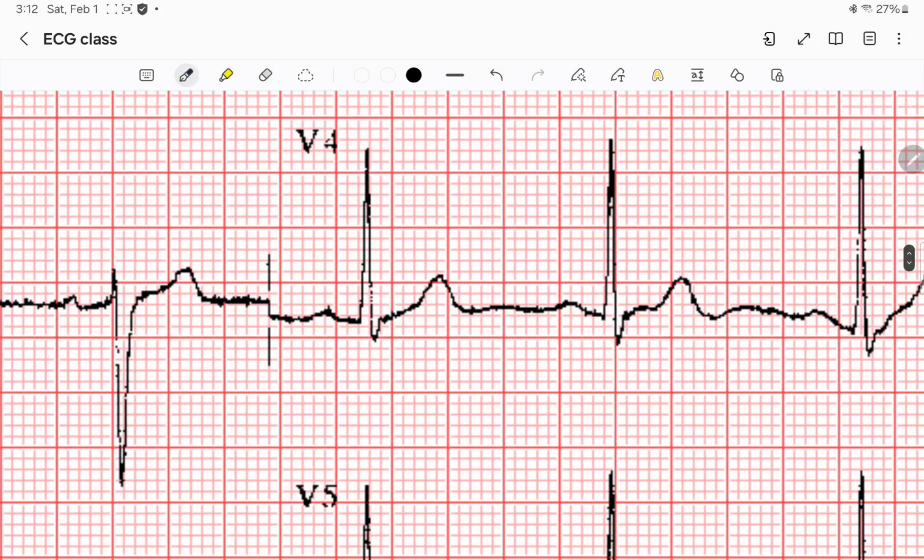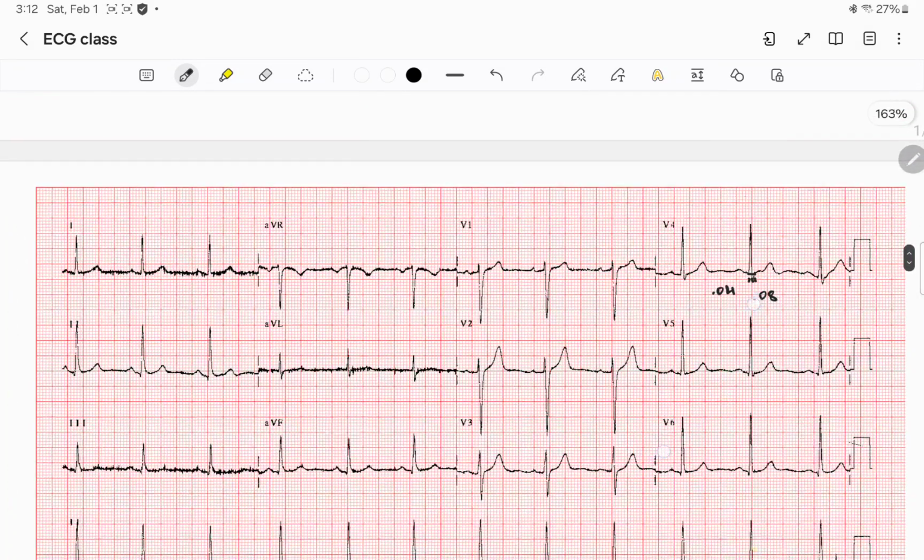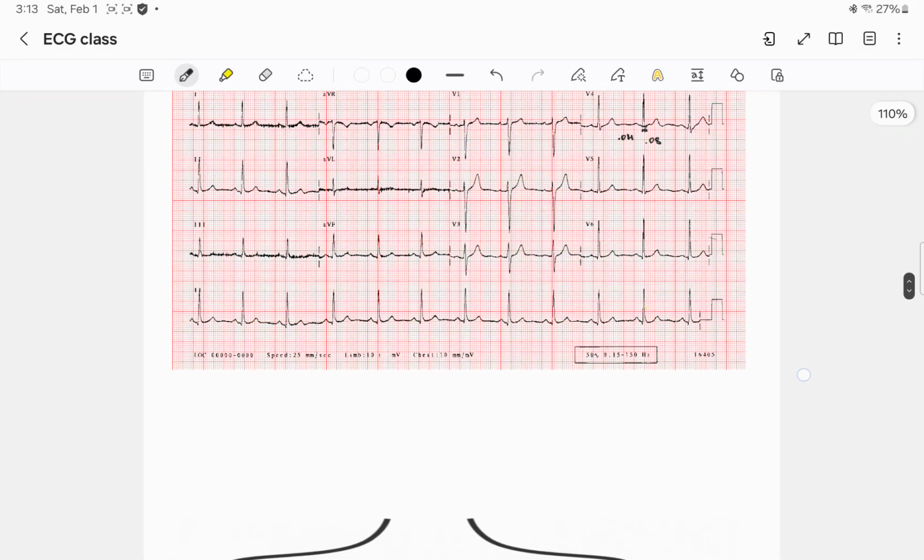We can see that the QRS complex is from here to here. All right, so that's about 1, 2 small boxes, right? And each small box is 0.04. So this QRS complex width or duration is 0.08.